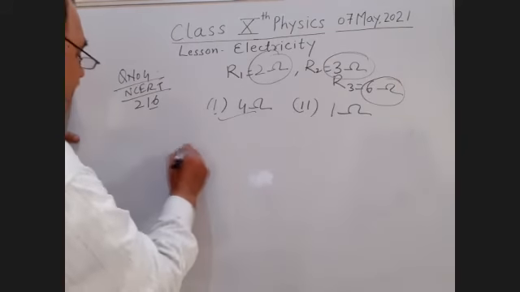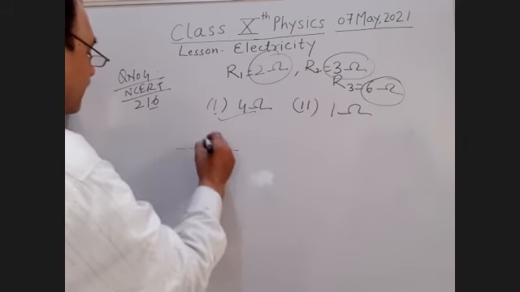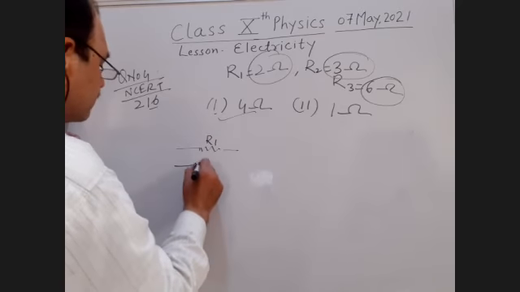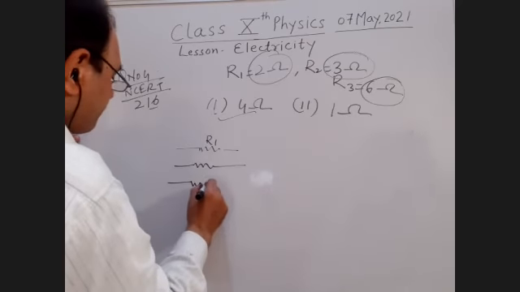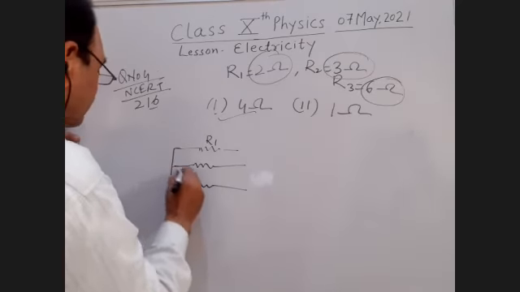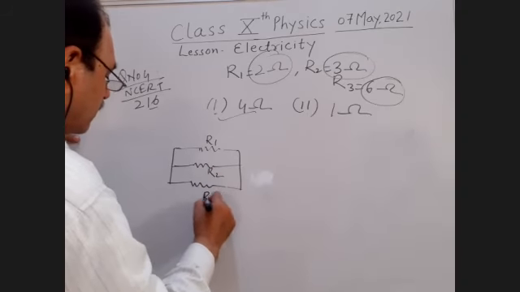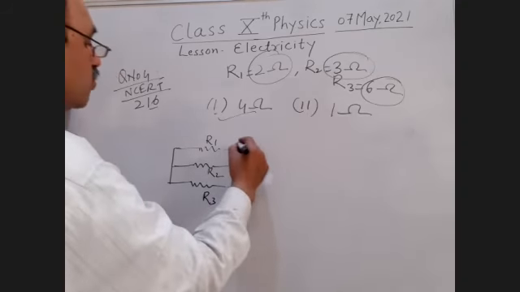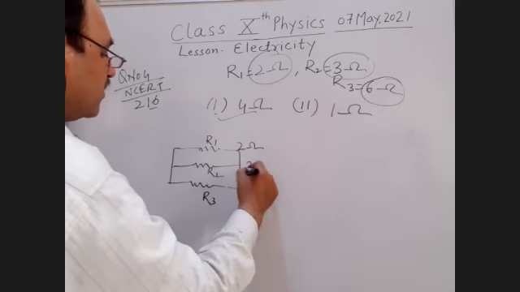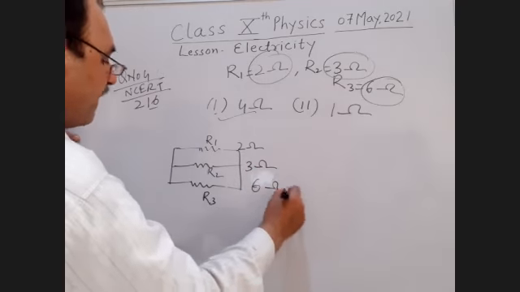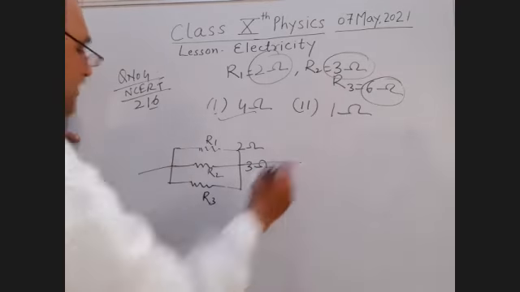So now I'll try R1, R2 and R3. Now it is 2 ohm, next is 3 ohm, now 6 ohm. Now, students, my three resistances are connected.